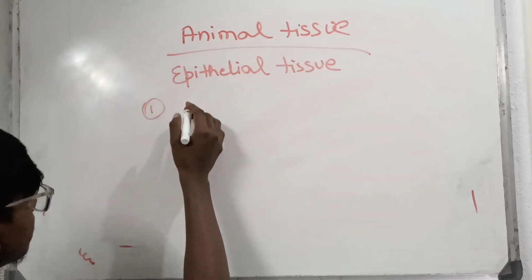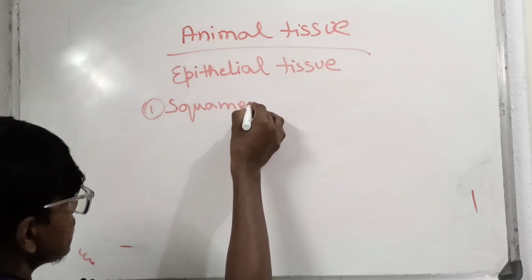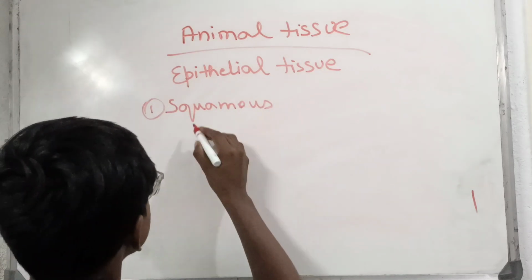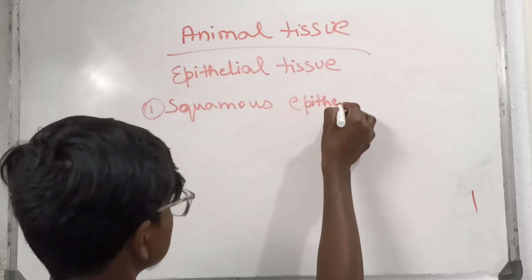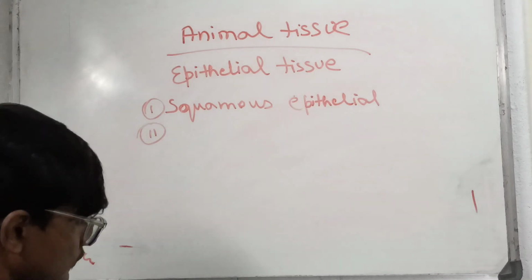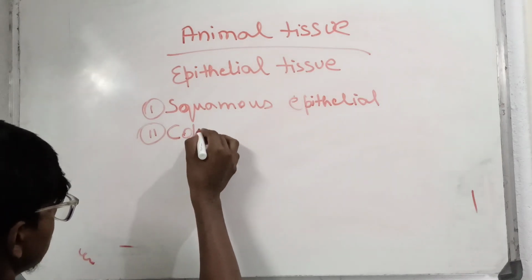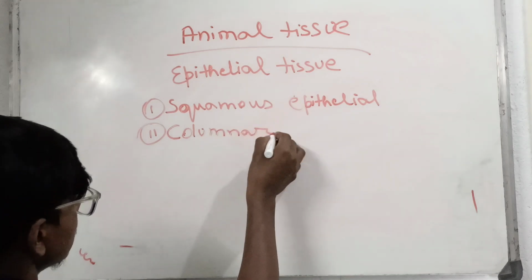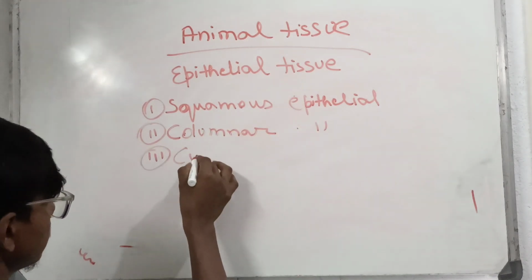First is the squamous epithelial. Second, you can take columnar epithelial.